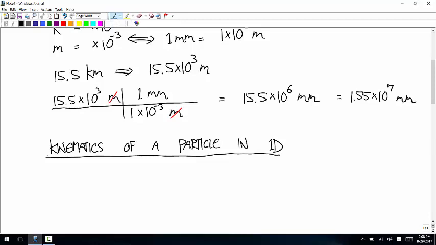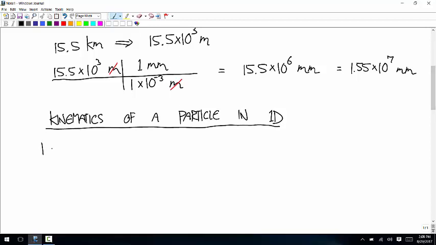So there's a lot of information in that title, and you haven't heard a lot of these things before, so I'm going to just carefully define kinematics, carefully define particle, carefully define 1D. Okay.